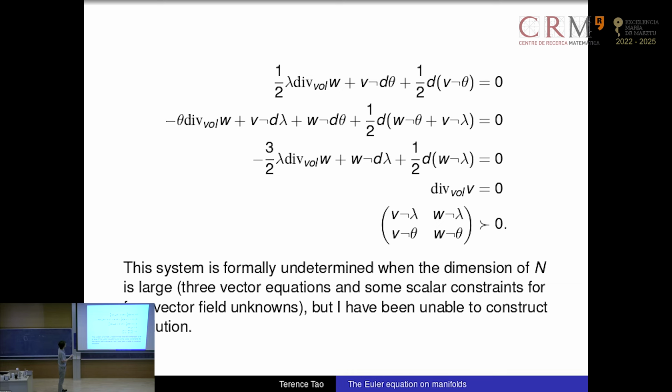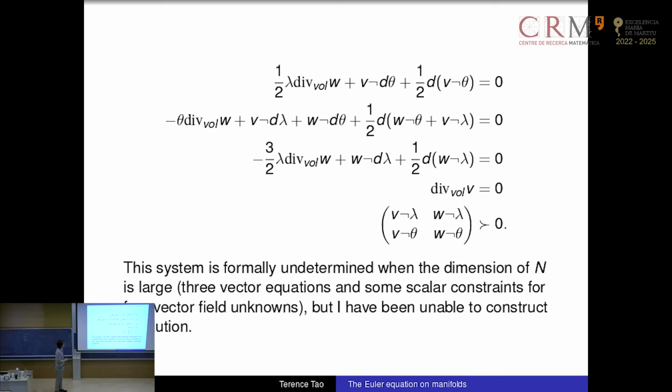This symbol is, I think, what people use for contraction. So in other talks it's like iota w theta. So there are three vector equations and two scalar conditions.